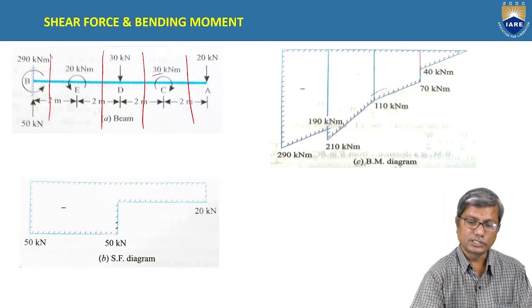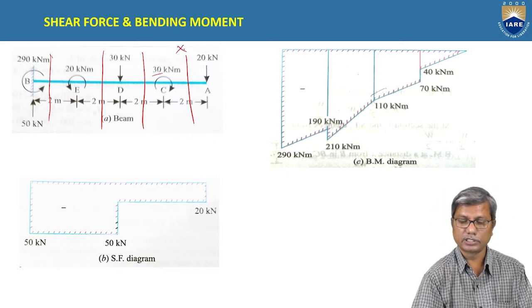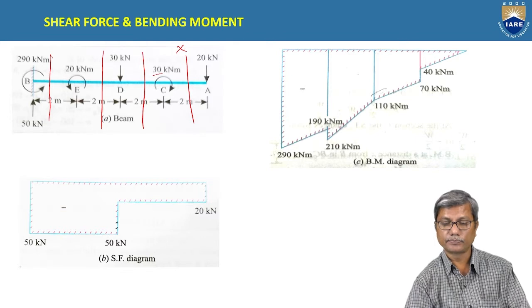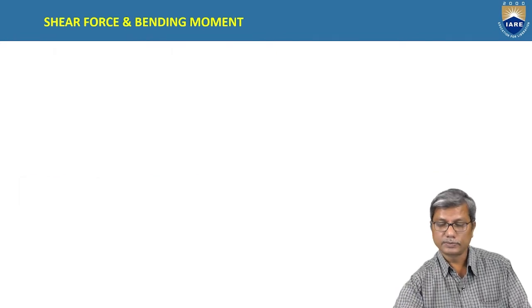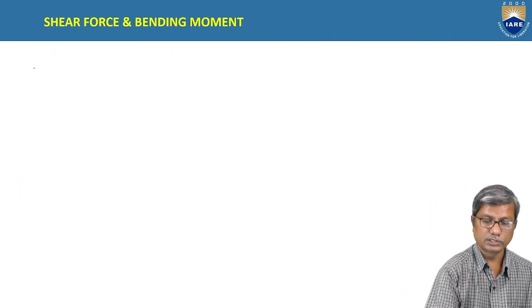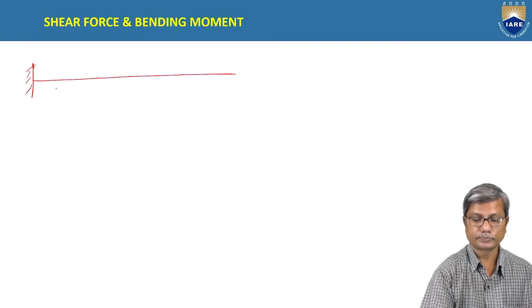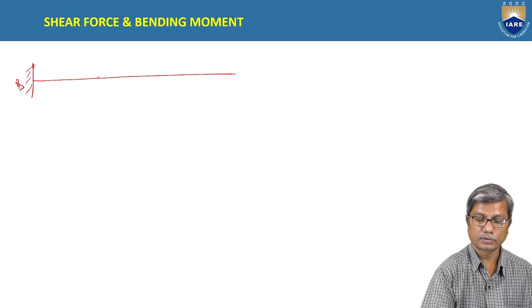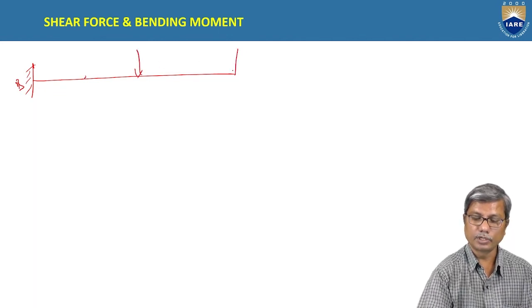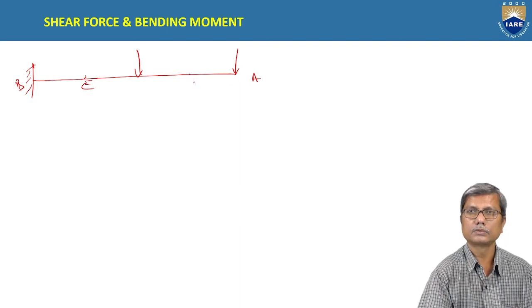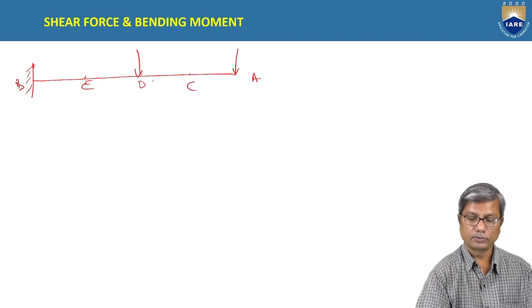So considering different sections, considering the portion AC, let us consider a separate figure here. We have 2 point loads, one at the free end and one at mid span.